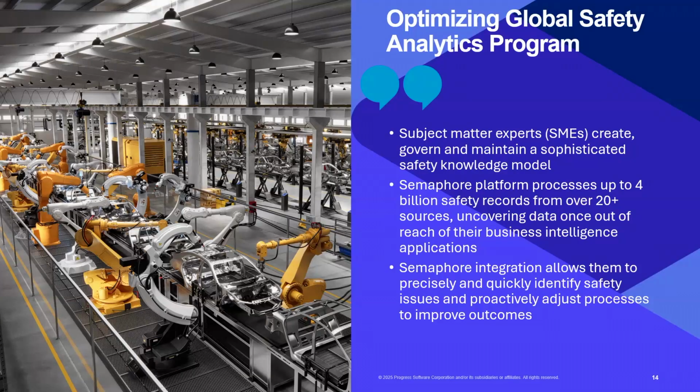And all that information comes into a platform and it's tagged with Semaphore concepts. And these Semaphore concepts, these models, are managed by, again, a fairly small team. For such a large operation, it's a very small team that looks at these vocabularies, works with subject matter experts in the business to deliver a very sophisticated set of knowledge models that deal with every single aspect of the things that they're manufacturing.